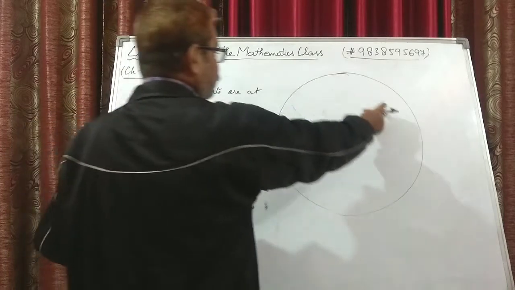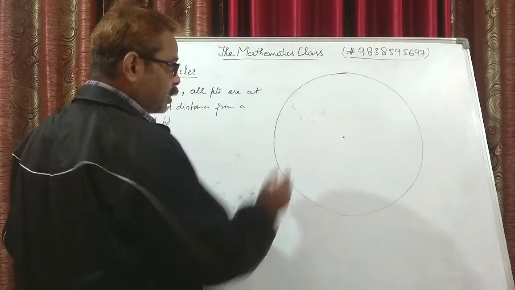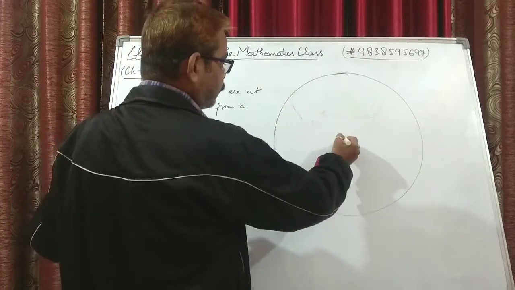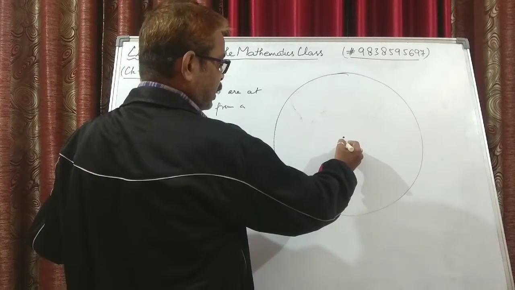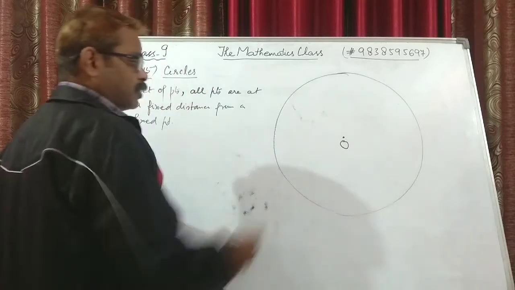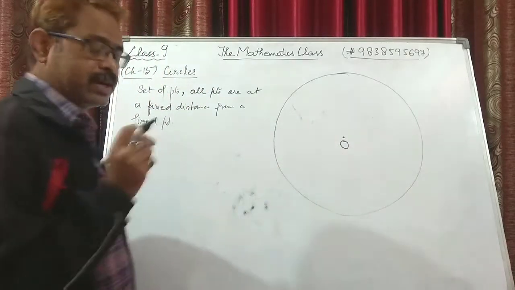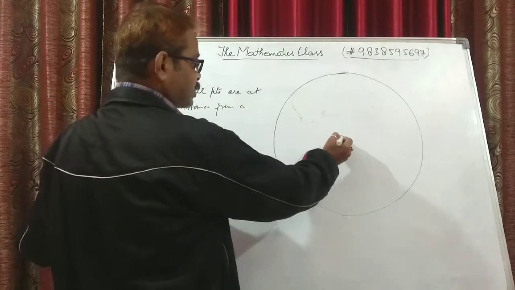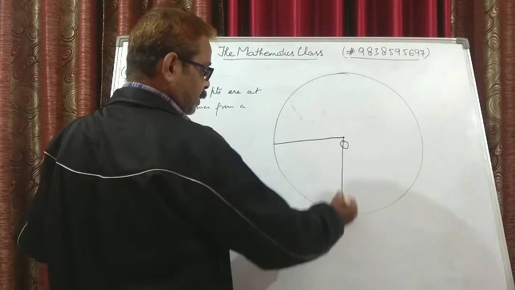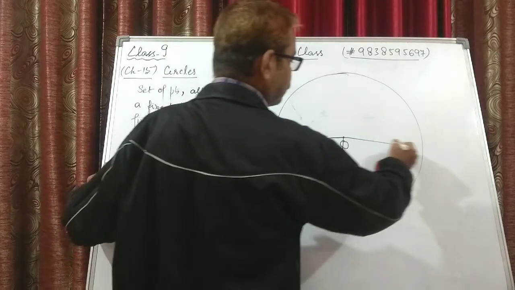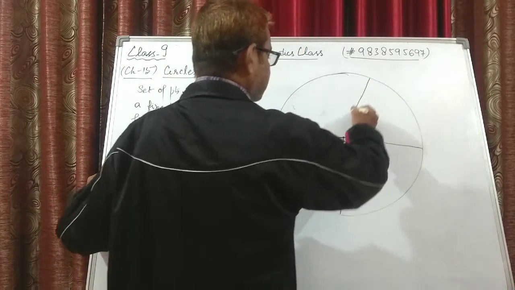So these are a set of points, and we know that all the points are at a fixed distance from a fixed point. Fixed point is this, let us name it as O. So this fixed point O is known as center, and from center you draw n number of lines. Anywhere you join them, they are all fixed.